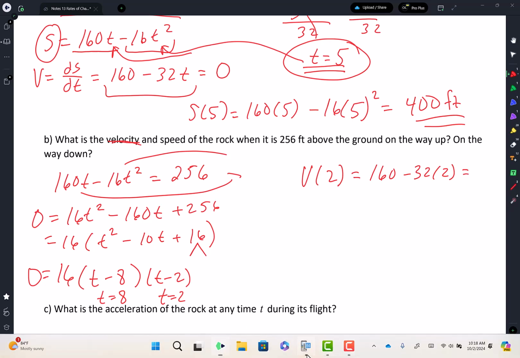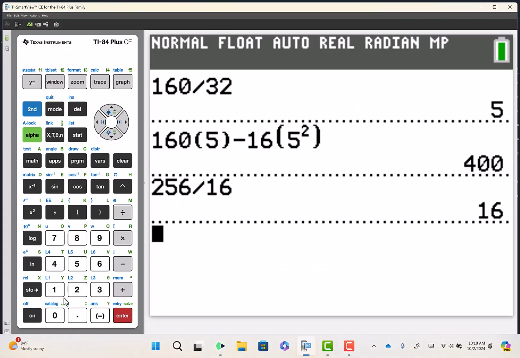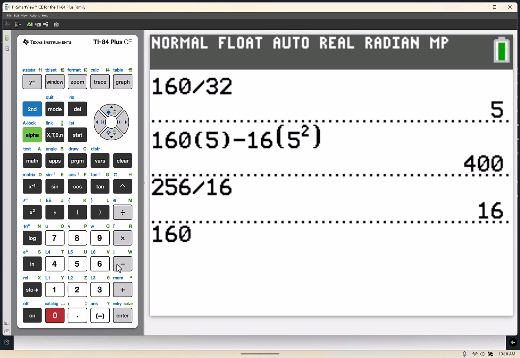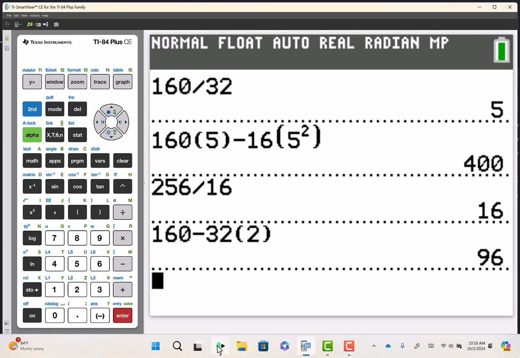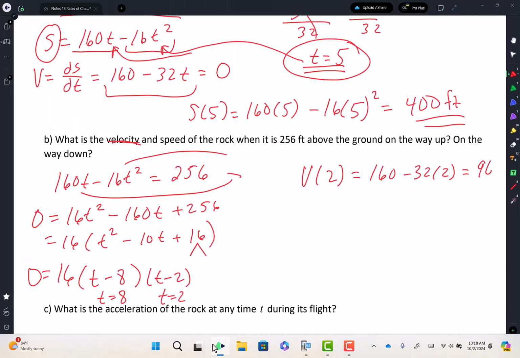I take my calculator, and I'm going to go 160 minus 32 times 2, and 96. And it's symmetrical, so I'm assuming the next one is also going to be 96, but on the way down. So velocity at 8, 160 minus 32 times 8.